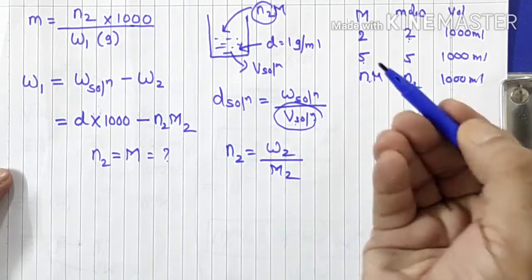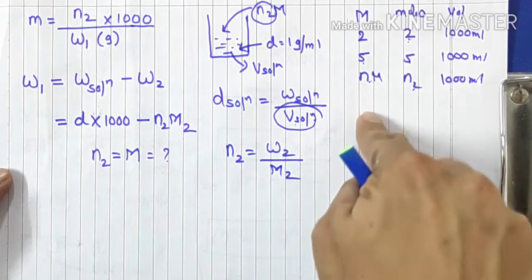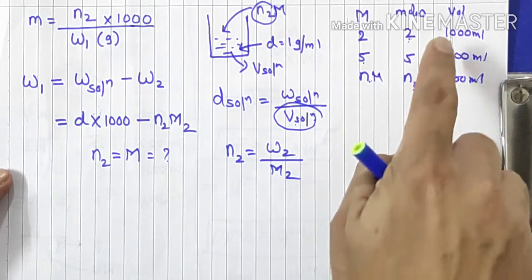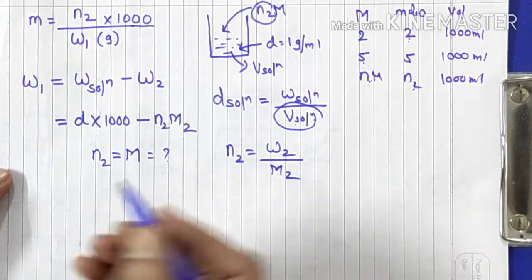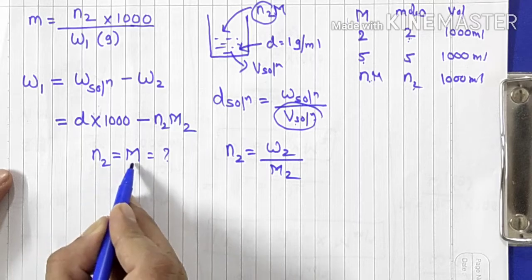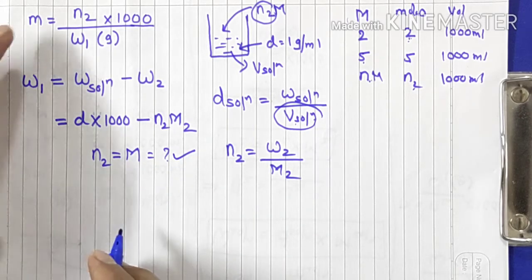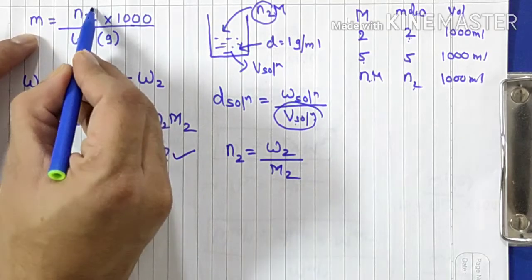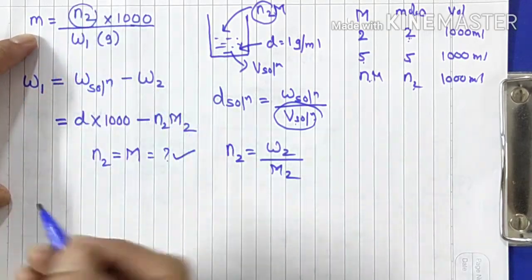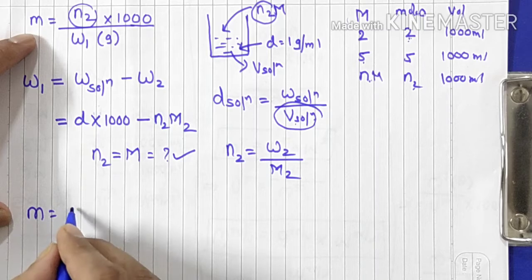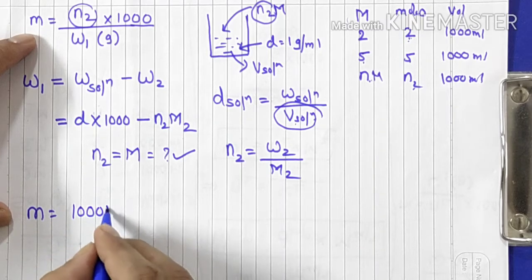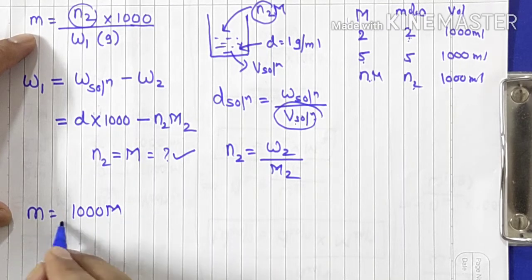What I can see over here is that molarity and moles are the same. So the number of moles and molarity will be the same. So I can write like this. Clear? So now in this formula, what can I write? I can write M. So molarity is equal to 1000 M.